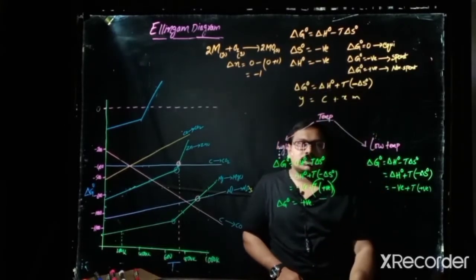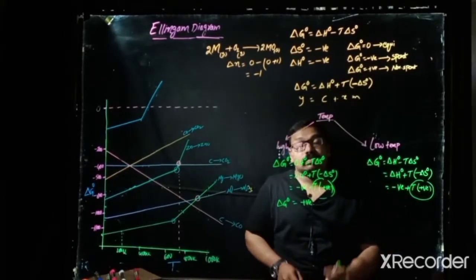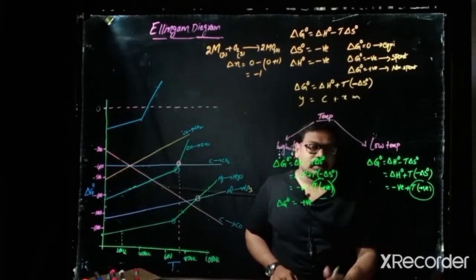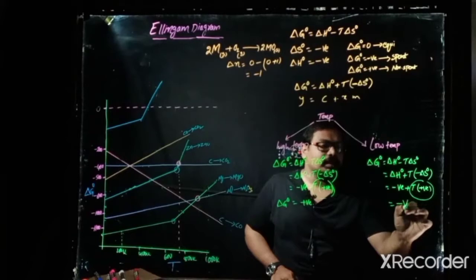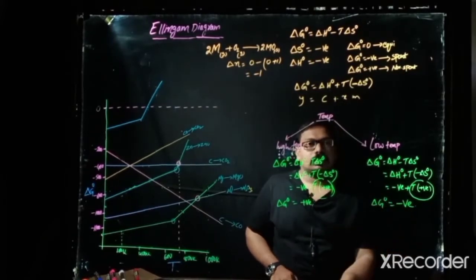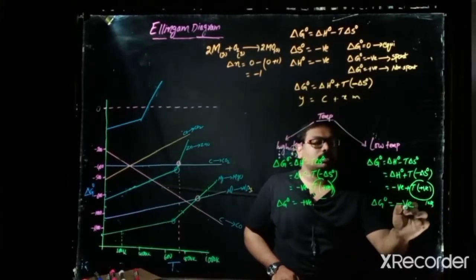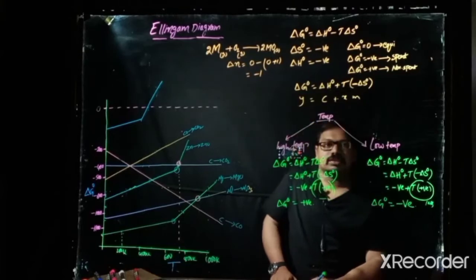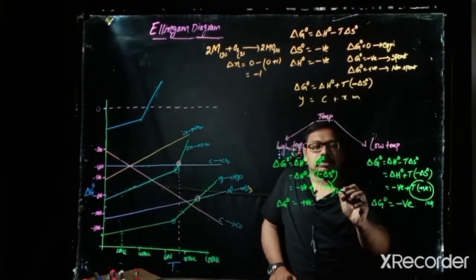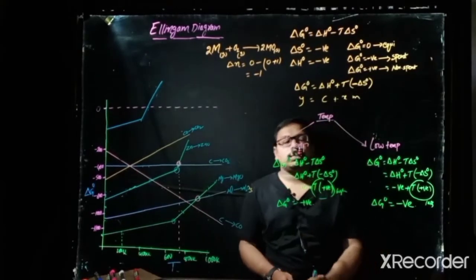At low temperature, this positive T term is very low compared to the negative change in enthalpy, and finally we get a negative value for the overall reaction. So this term will be less and this term will be more, and ultimately delta G naught is negative. At high temperature, this term will be high and this term low, and ultimately delta G naught will be positive.